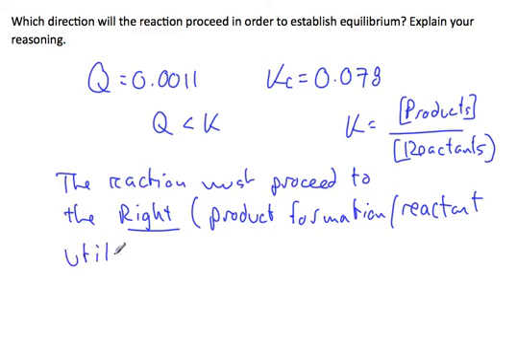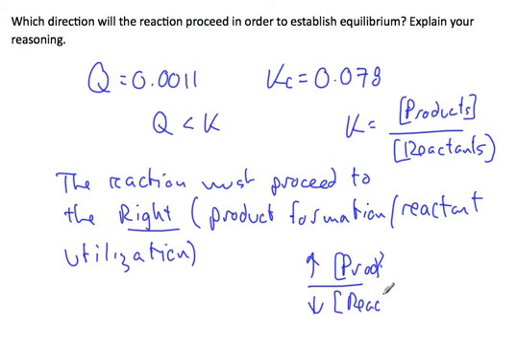If you do that, you increase the concentration of products and decrease reactants, which equals an increased value of Q. So the reaction will proceed to the right until it reaches equilibrium. That is, until the concentration of products gives rise to a reaction in the back direction that is equal to the reaction in the forward direction using up reactants.